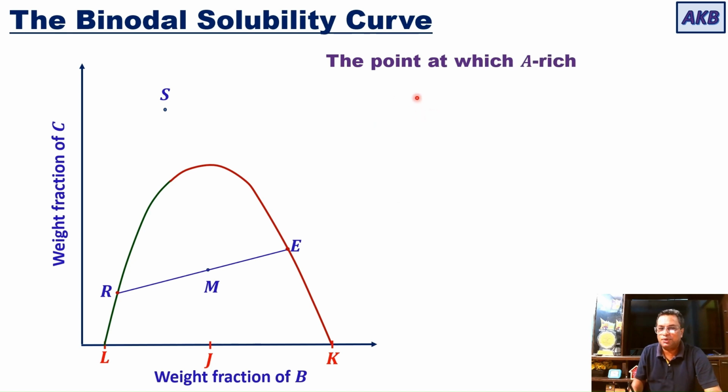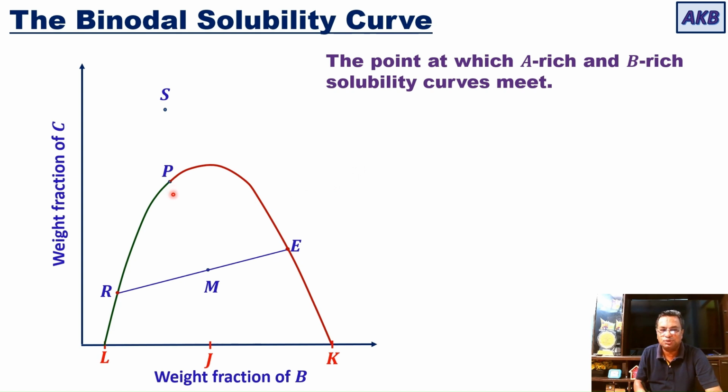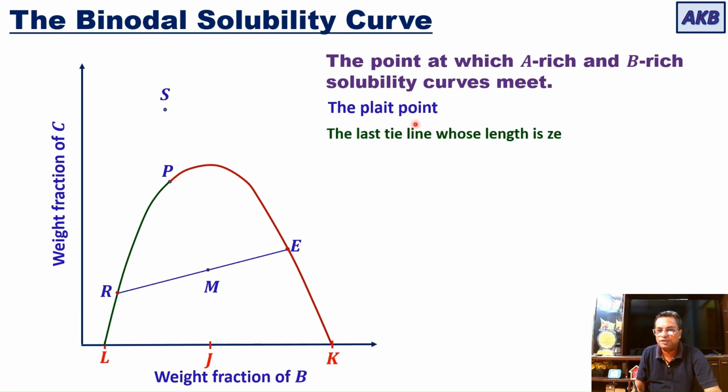The point at which the A rich solubility curve, the green curve, and the B rich solubility curve, the brown curve, meet, like the point which I am showing over here, point P, is called the plait point. And what can you say about this plait point? The plait point is the last tie line whose length is 0.